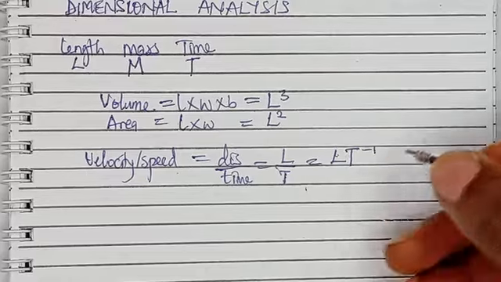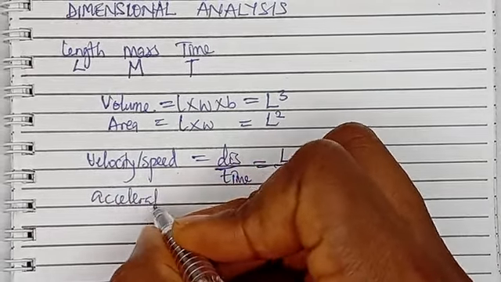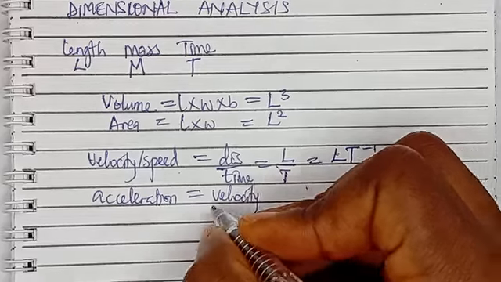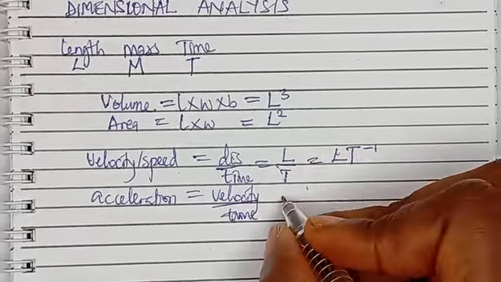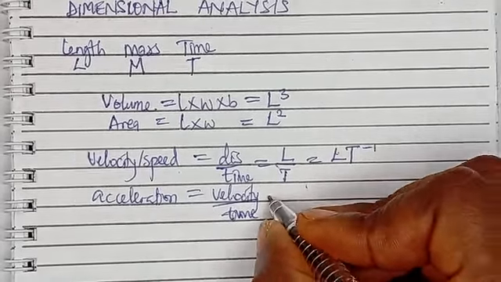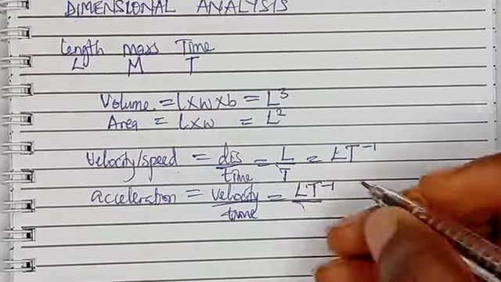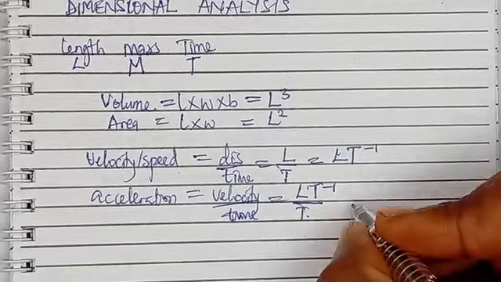Now let's get to more complex things. We have that acceleration is equal to velocity over time. We've already gotten that the dimension of velocity is length per unit time. So over time, another time down here. And we can't leave it as a fraction like this.